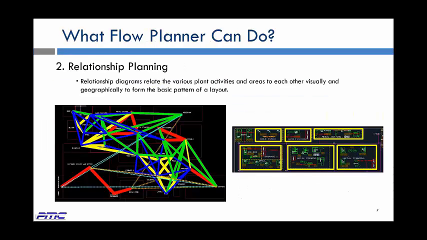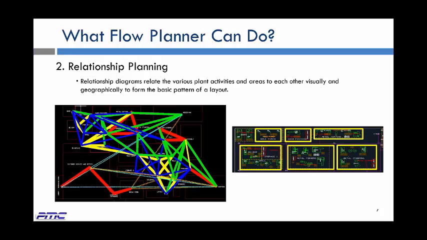As you can see, it can do relationship planning also. That means if you have product A, product B, product C, and they're going between a lot of departments, it can show it on the screen. You see a lot of red, green, yellow, and blue lines there. That might be a certain product: the green might be a certain product, blue might be a certain product, and red is a certain product.